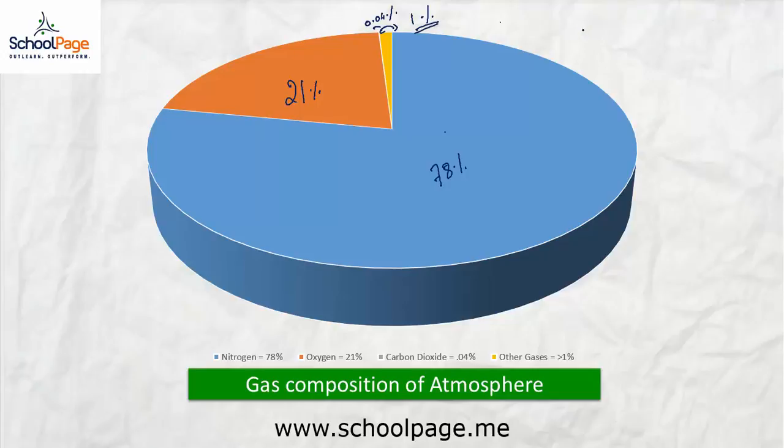So you can see that the percentage composition of carbon dioxide in atmosphere is 0.04%. In the Earth's crust, we find around 0.02% of carbon, that too in the form of compounds. Note that the composition of carbon in Earth's crust and in atmosphere is very negligible.